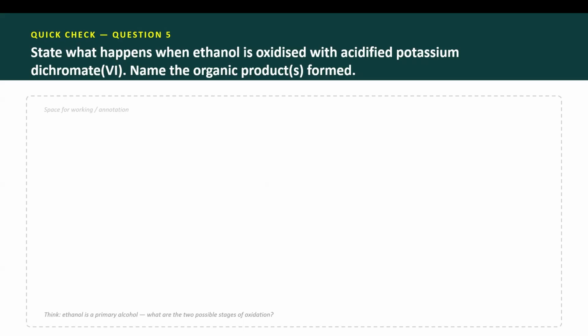State what happens when ethanol is oxidized with acidified potassium dichromate(VI) and name the organic products formed. There is color change. But do you know the products formed?